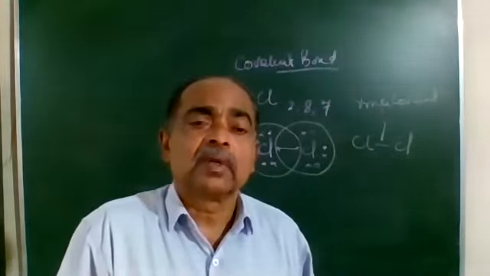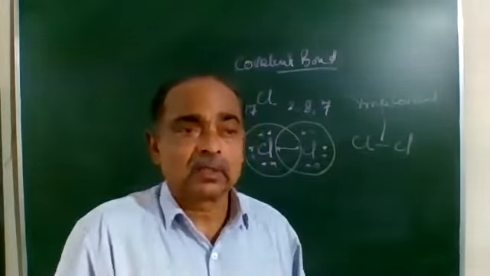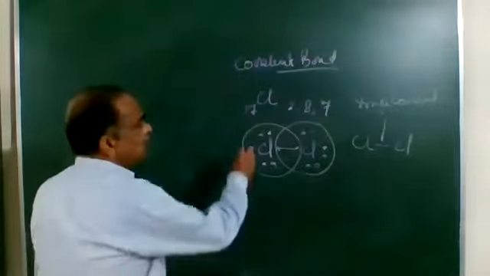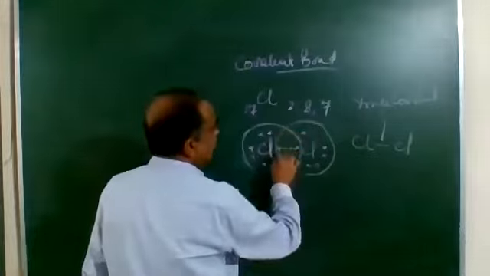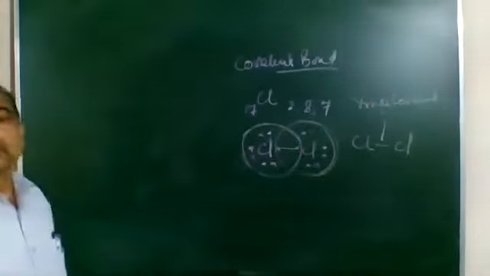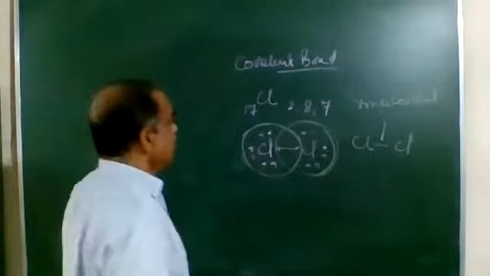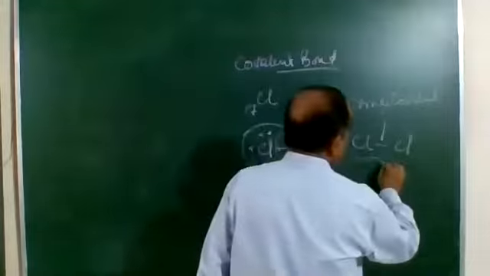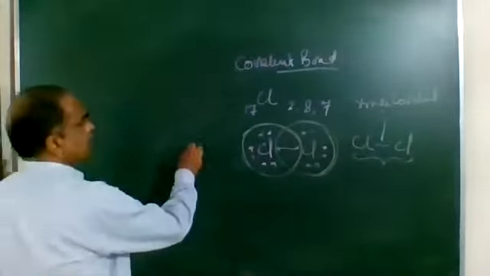If one pair of electrons is shared between two atoms, we call it a single covalent bond. One chlorine shares one electron and the other chlorine shares another, so one pair of electrons is shared and it forms a covalent bond. So a single covalent bond is there in chlorine. Another example is fluorine, whose atomic number is 9.